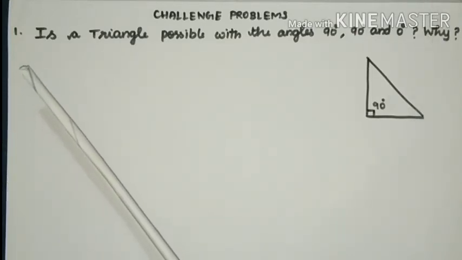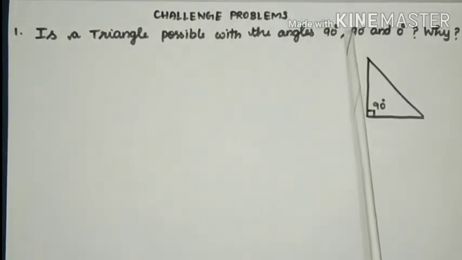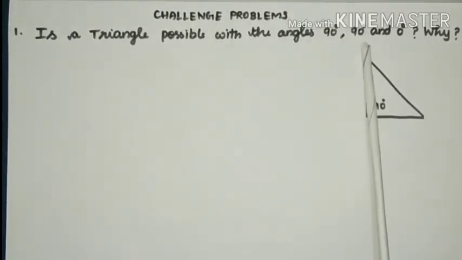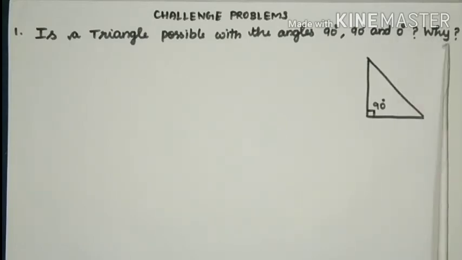See here, the given question is a right angled triangle has 90 degree and 0 degree. If not, we have to explain.